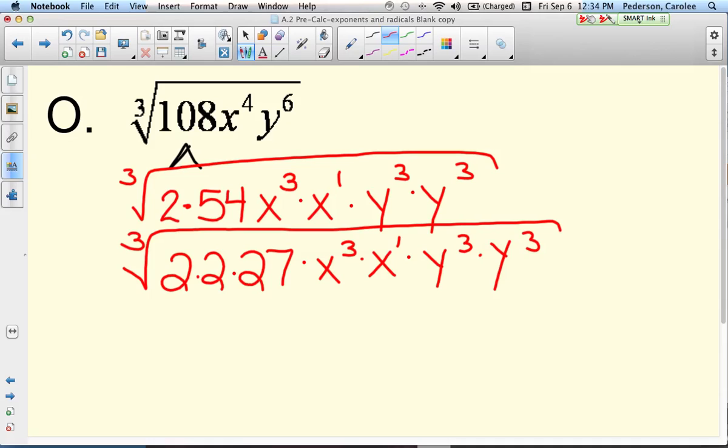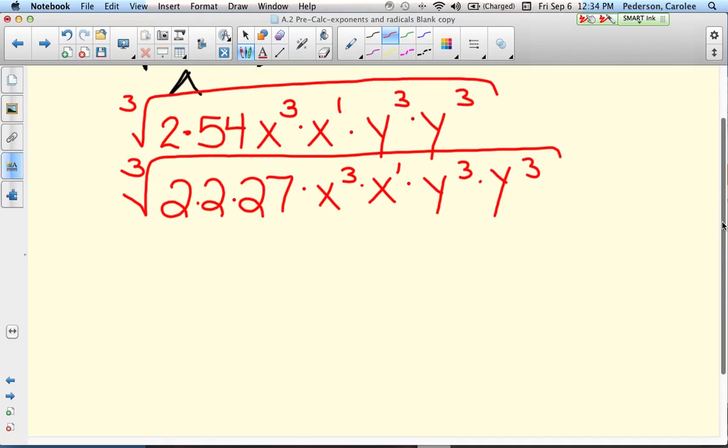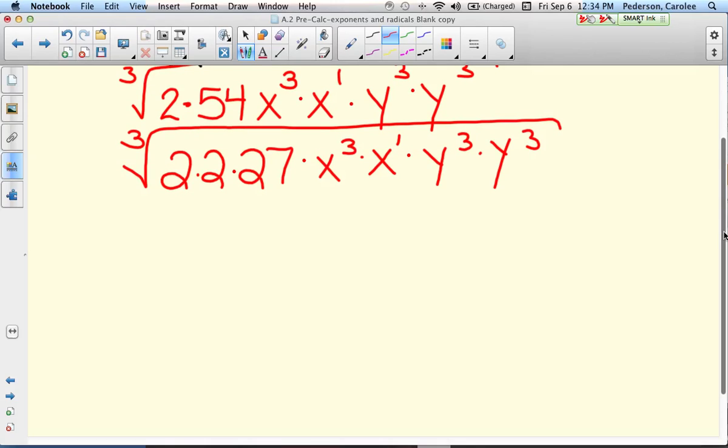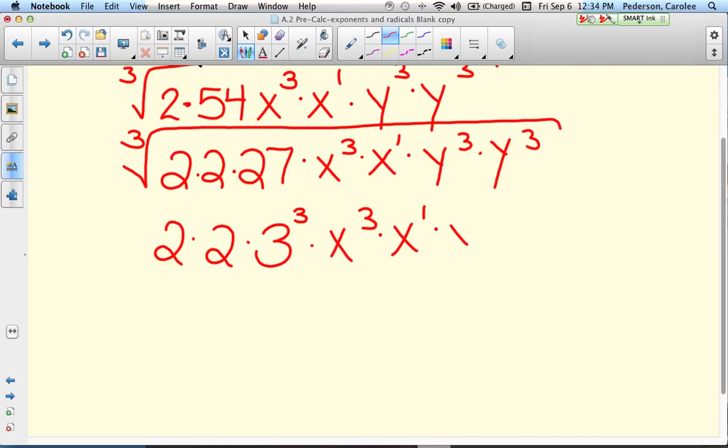Now we're looking for that last 27 to be rewritten as 3 cubed. Hopefully you have that memorized now. And then everything else stays as it is.